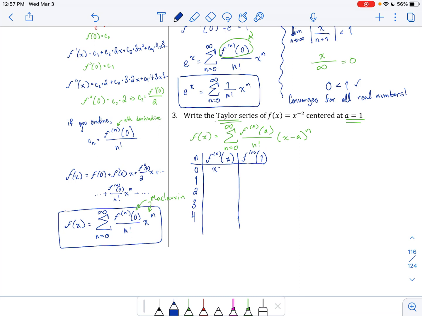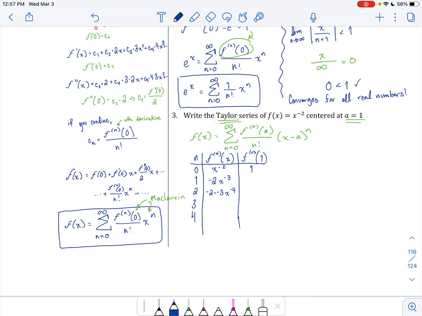So our first one is just our formula, x to the negative 2. Then negative 2 x to the negative 3, then negative 2 times negative 3, x to the negative 4. And as you might see here, we're creating a factorial again. So then we have 6 here as our lovely positive term.